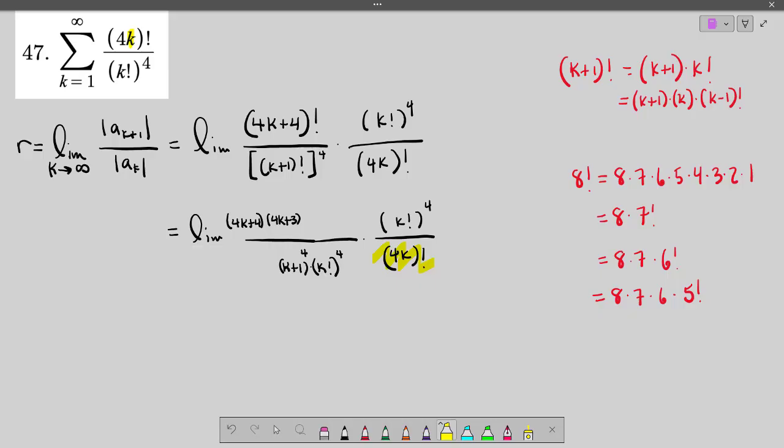If we can get a factor that is 4k quantity factorial, that would really be nice because it will cancel here. So we're going to keep subtracting 1 up here in this numerator. So 4k plus 2. All right, we're still not there. And then 4k plus 1. We're getting super close.